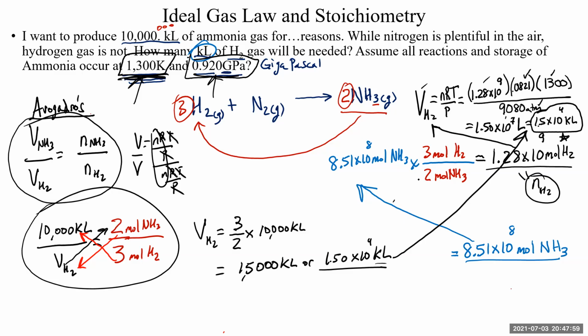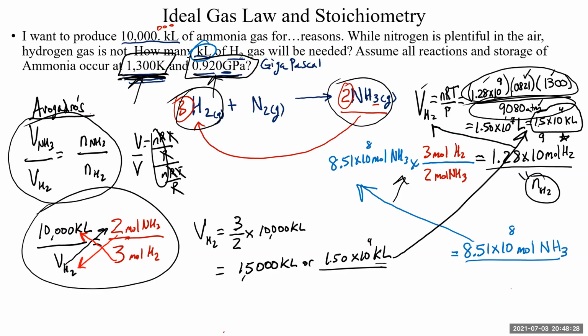But it was worthwhile going through yet another stoichiometry problem, because there will be times when the product gases are held under different conditions than the reactant gases. I could have easily said that the hydrogen is under a different pressure and a different temperature from the ammonia being stored. Then I would have to plug in and truly figure out a different set of conditions in my ideal gas law for hydrogen compared to ammonia.